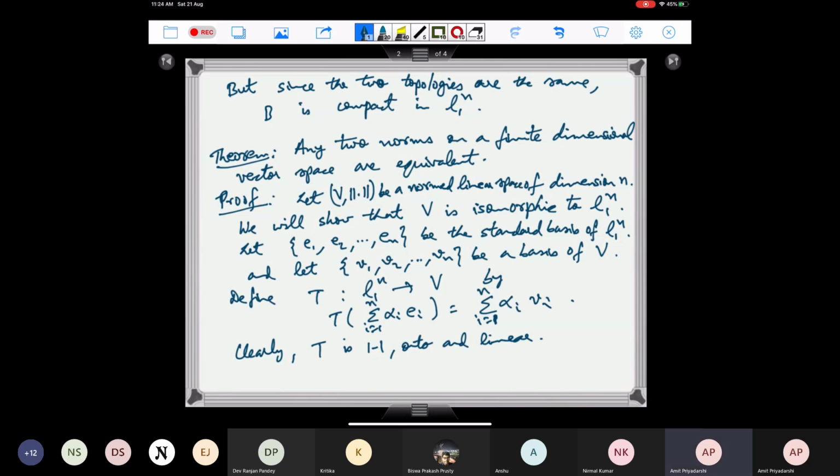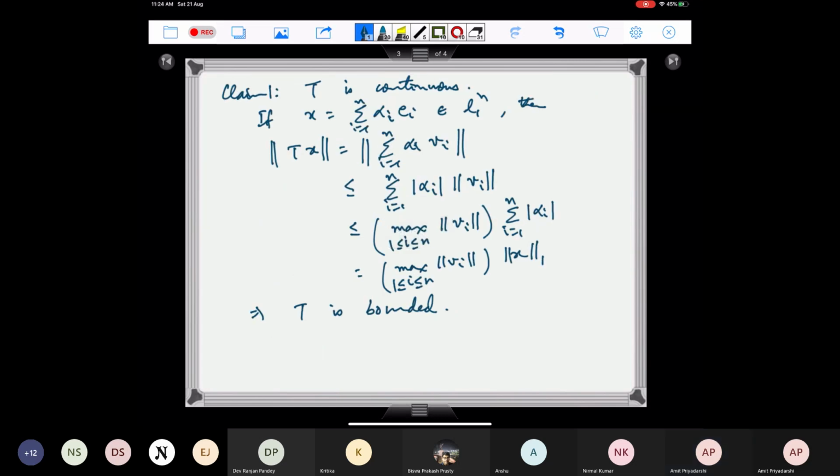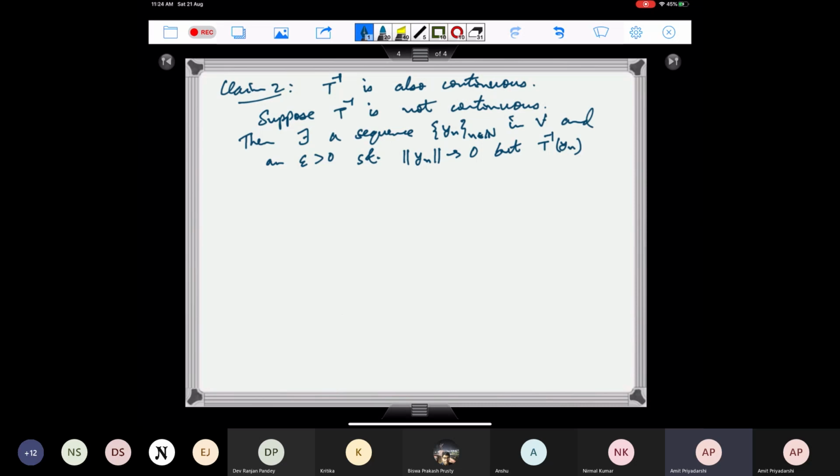We will show that this normed linear space is isomorphic to L1n. So T inverse is a map from V to L1n. If T inverse is not continuous, then it is not continuous at 0. So I'll get a sequence converging to 0, but T inverse of that sequence yn does not go to 0.